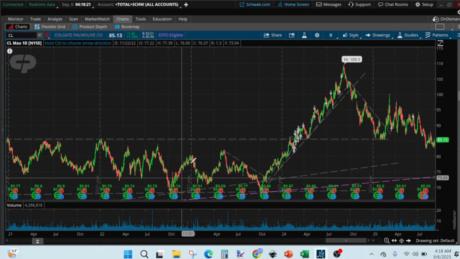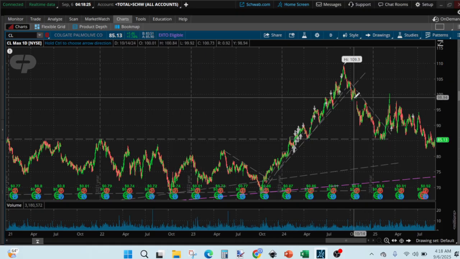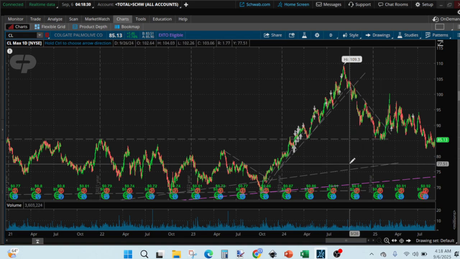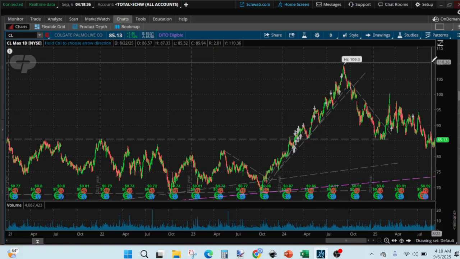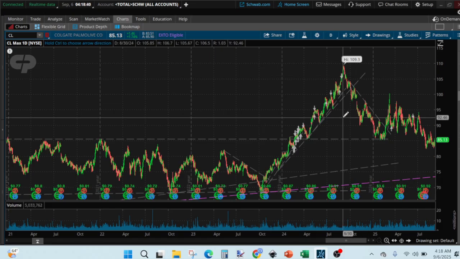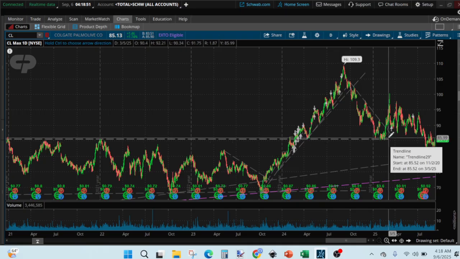But I just didn't like that pattern for the strategy we are using. We pretty much buy at the valley and sell at the peak. So those are our entry point and our exit point. When a stock is not really giving us a pattern that aligns with that strategy, I try to flag it.